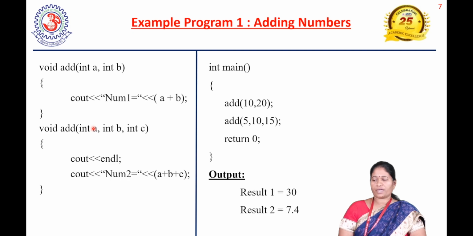The first value, 5, is assigned to a. Next 10 is assigned to b, and 15 is assigned to c. Adding all these values, you will get 5 plus 10 plus 15, which is 30. So this is the way we are executing here.